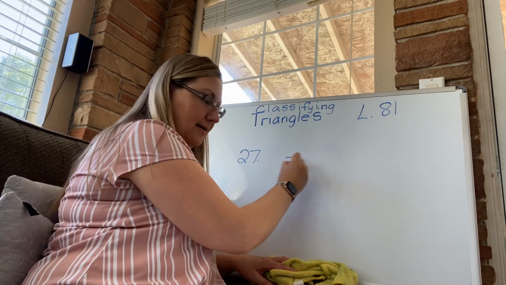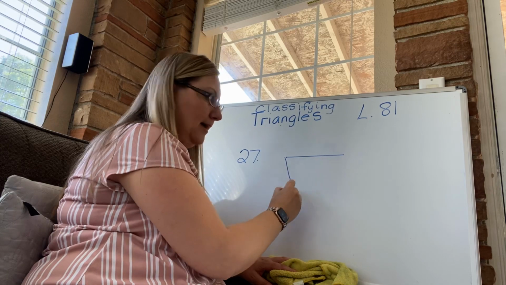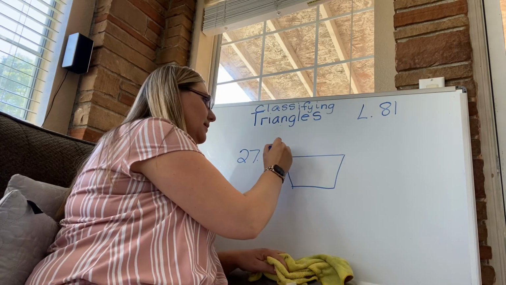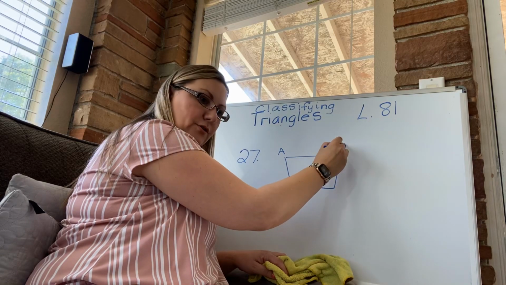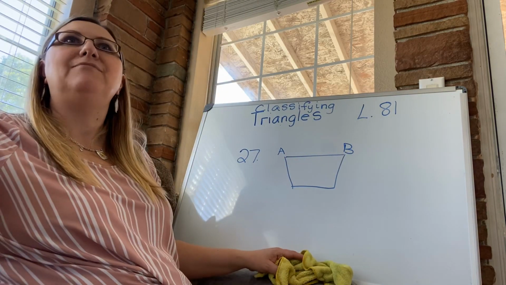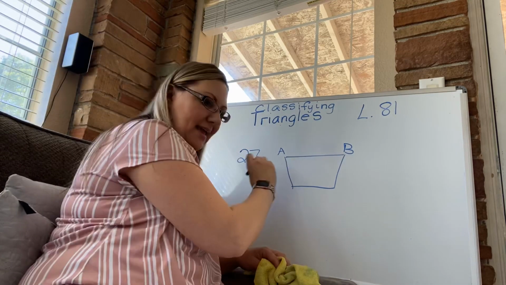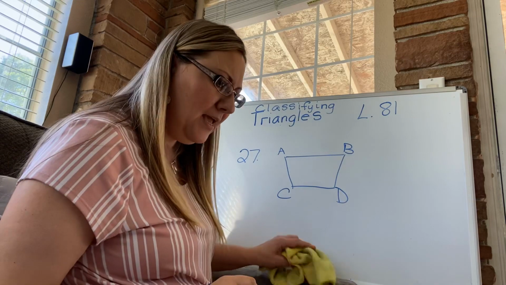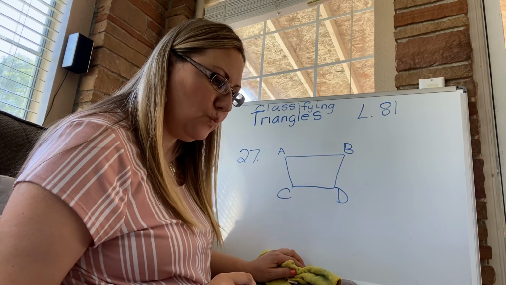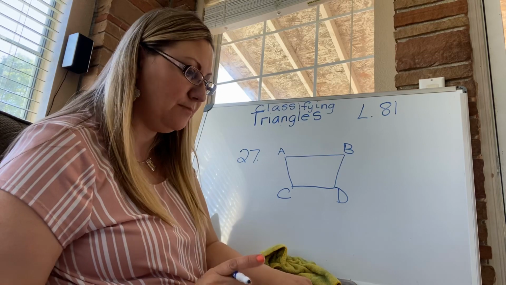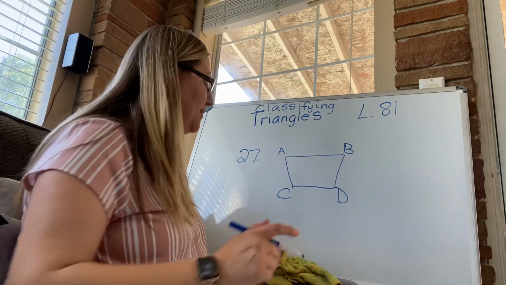So we have something that looks like this. Here's angle A, angle B. Okay, angle A, B, C, and D. And we want to look at which side is parallel to side AB.